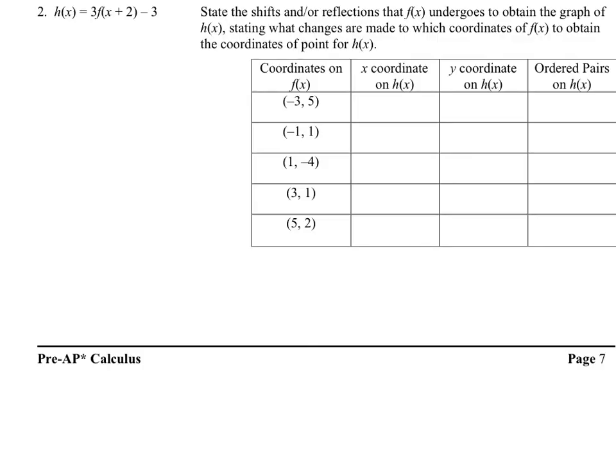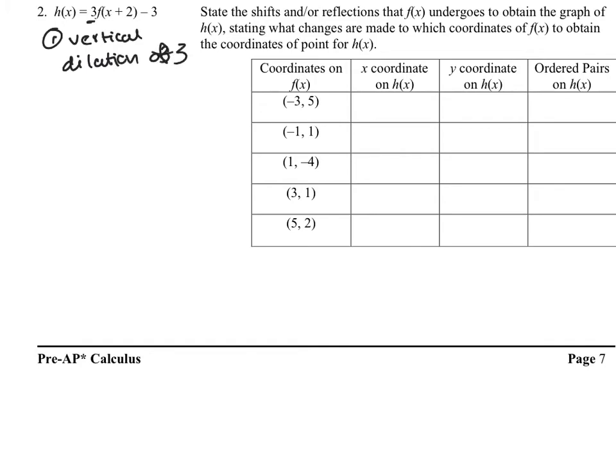All right, now looking at h of x, we have h of x is equal to 3 times the function of x plus 2 minus 3, okay? So first thing I'm going to do, I'm going to work left to right to see what we have going on. So we have a vertical dilation of 3, okay?